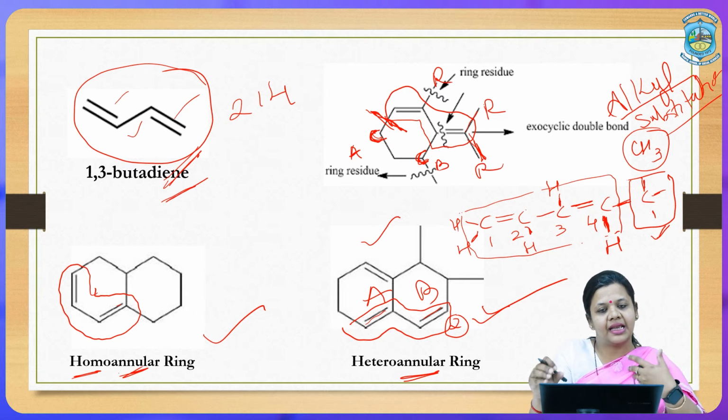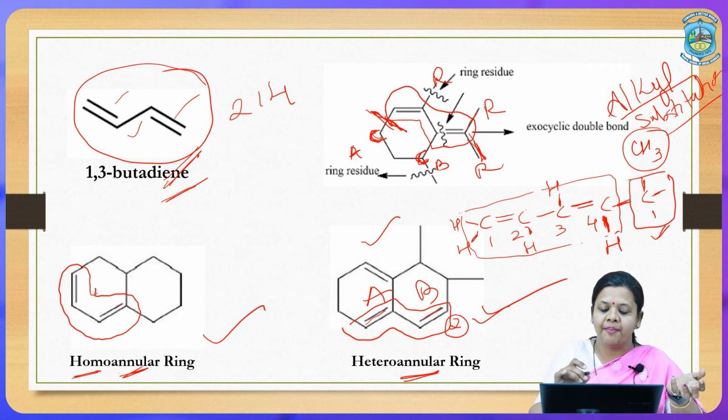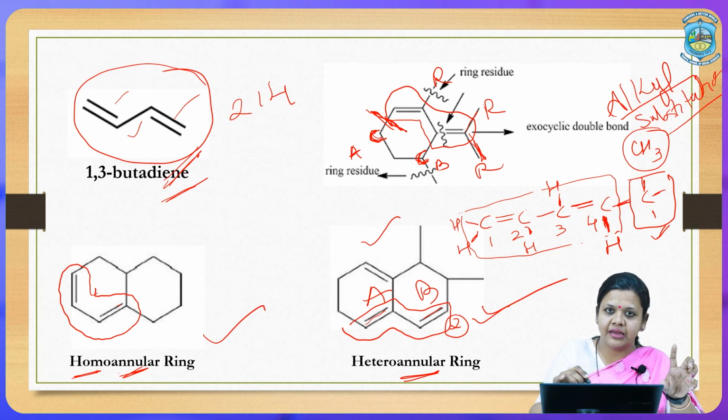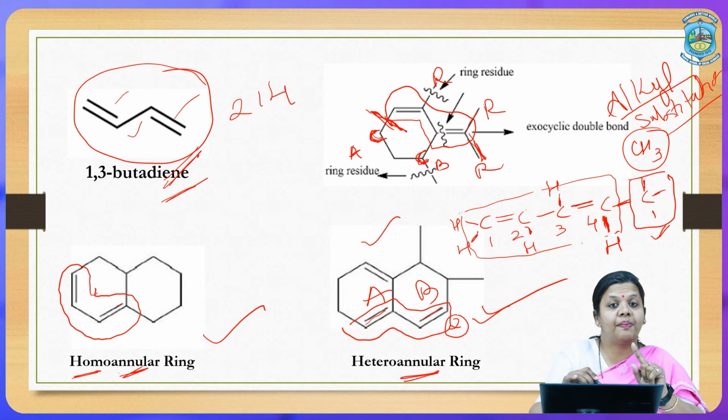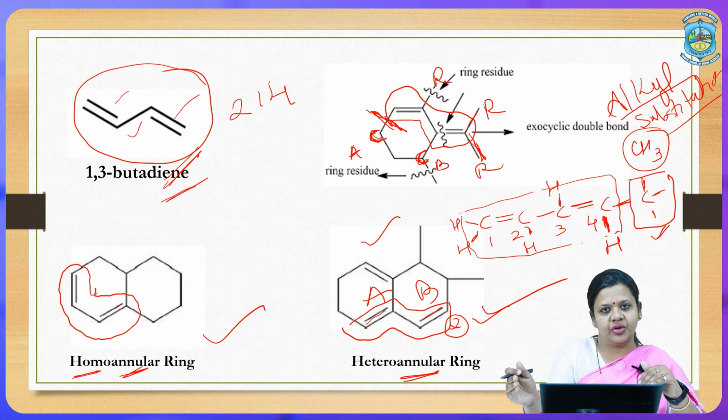An alkyl group is any free alkyl group, it can be C2H5, CH3, whatever, but this is a carbon atom which is attached to the ring, but it is not part of the conjugation. It is present along the conjugation, but it is not directly a part of it.